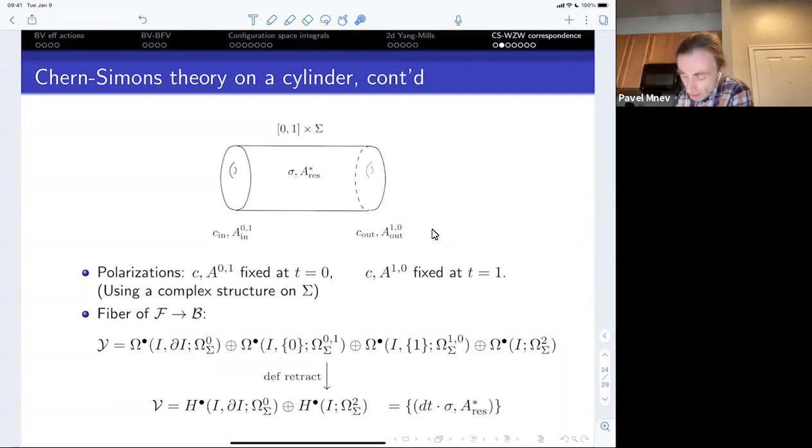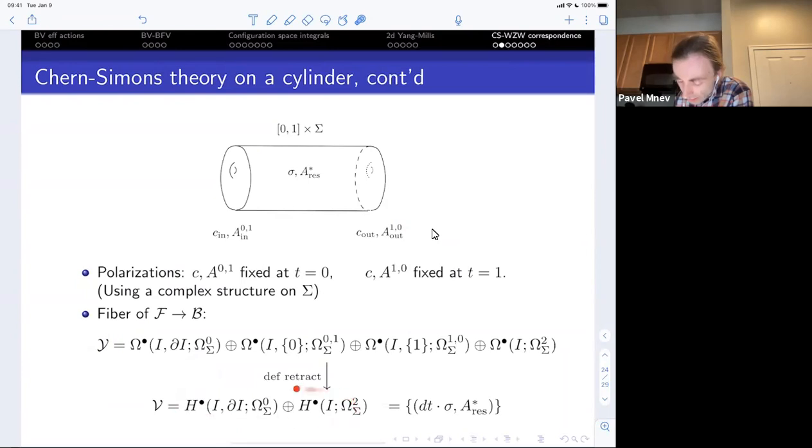Here I'm talking about 0,1 and 1,0 components relative to some fixed complex structure on the surface. In this setting, there is some minimal space of residual fields, which is given by looking at the fiber over the boundary condition and transitioning to the cohomology of the de Rham operator on the interval.